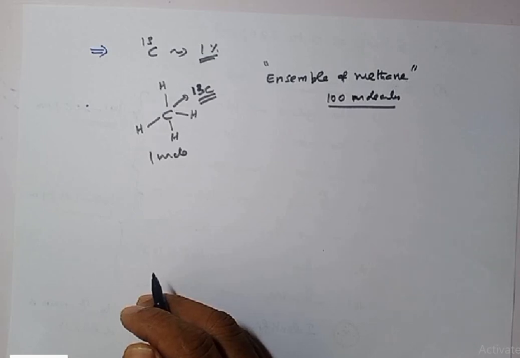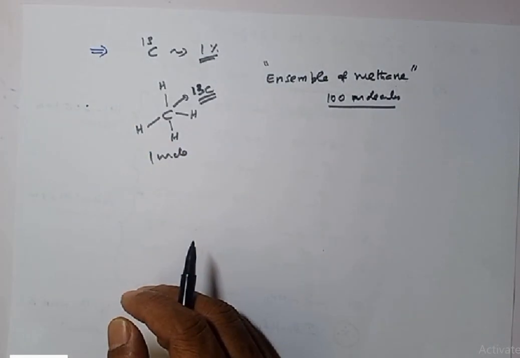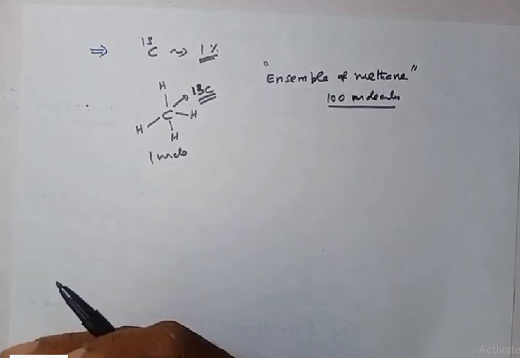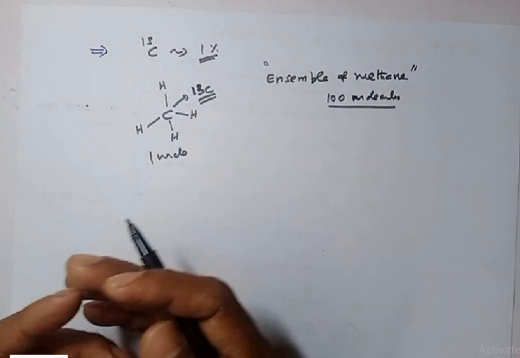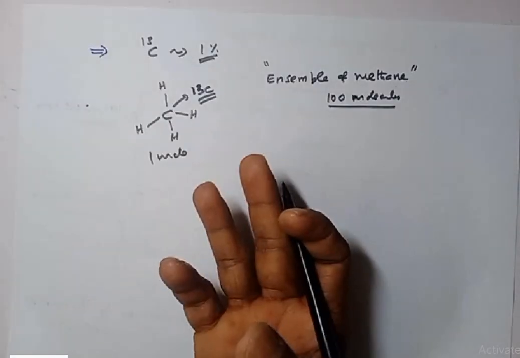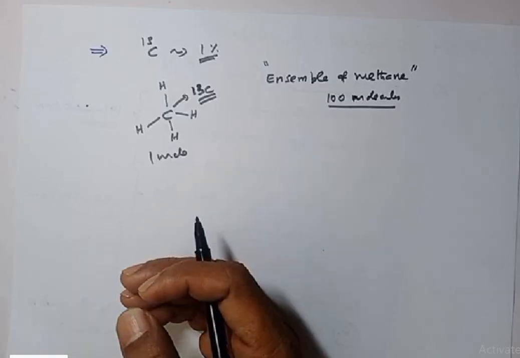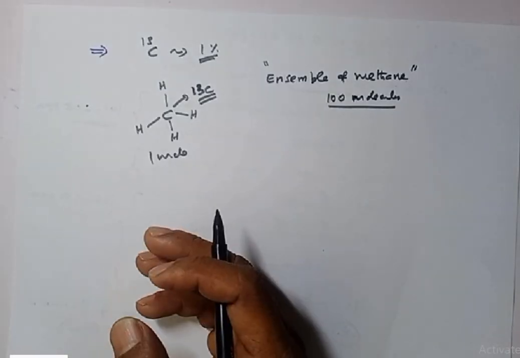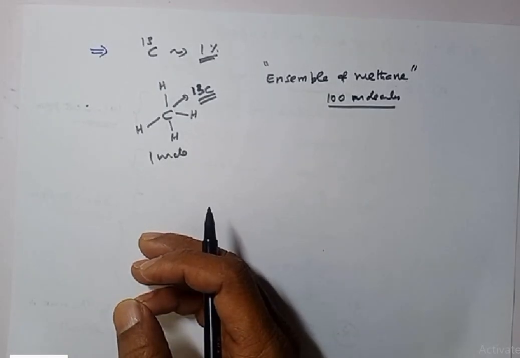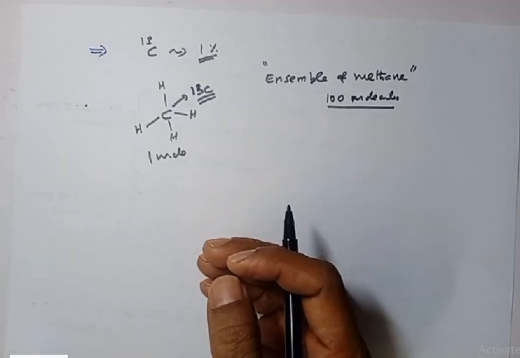Are you able to follow? So the remaining 99 molecules, even if you keep them in a magnetic field and pass radio frequency radiation, nothing will happen, because in the other molecules the carbon nucleus is C12. C12 is inactive. So to get the spectrum of C13, you need to scan for more time.